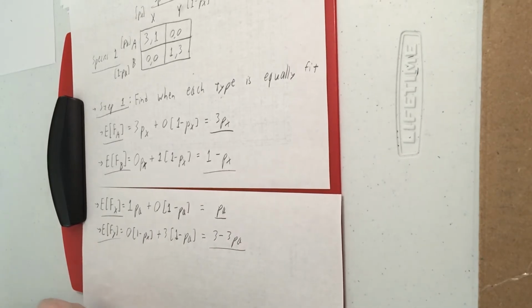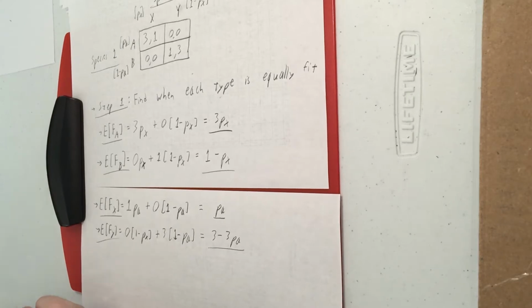I guess I should relabel my step here. Step 1 is you find the expected fitness of each type.